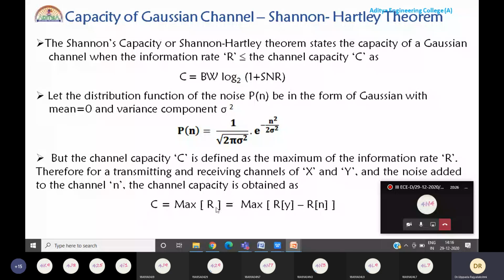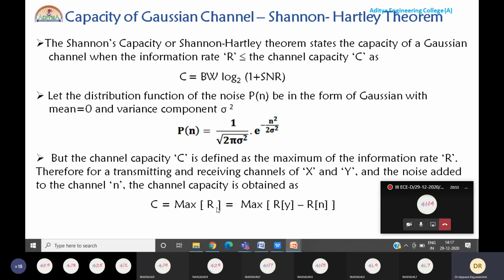So C is equal to the maximum of R, where R represents the information rate, which is defined as the difference between the information rate of the receiver and the information rate of the noisy channel.